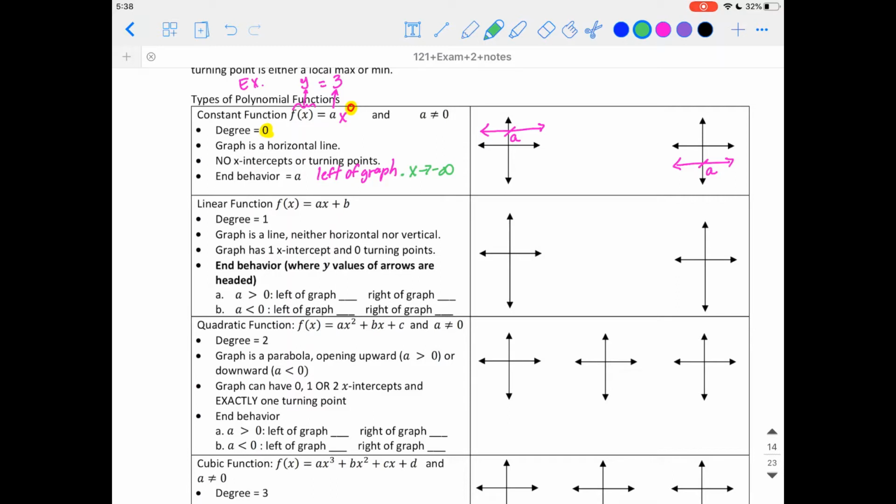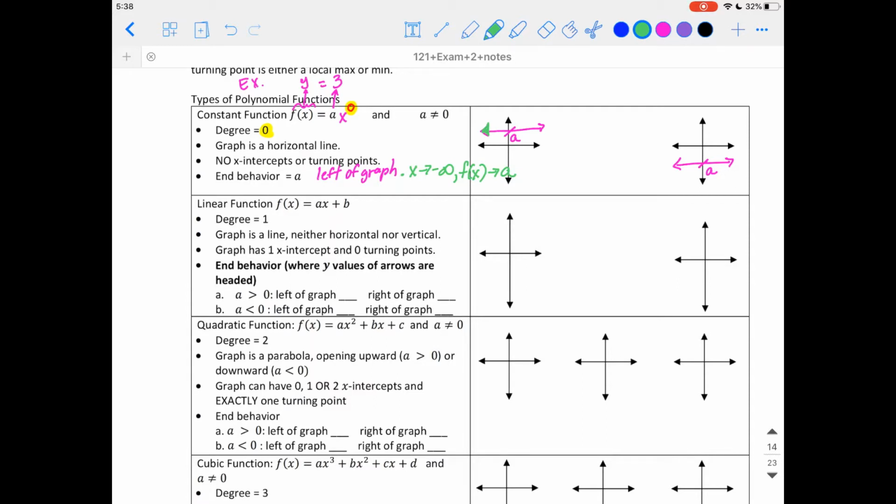The left of the graph is the same thing as x goes to negative infinity, then f of x is technically headed towards a. And so here I'm looking at this part of the graph headed forever left. Well, since it's a horizontal line, I'm already at the y value a, so that's where it's headed.